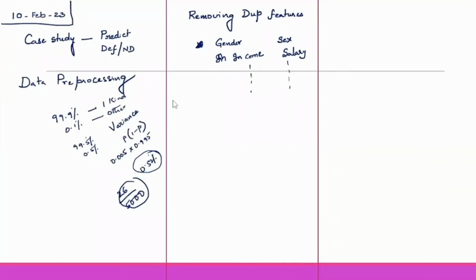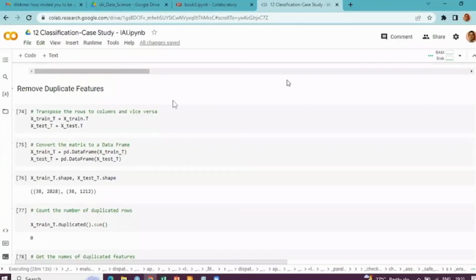The features need not be the same feature represented by two different headings, but they may still be very highly correlated. But here we are talking about duplicate features altogether, where all the values, everything, are one and the same.